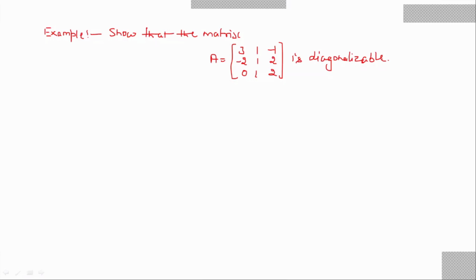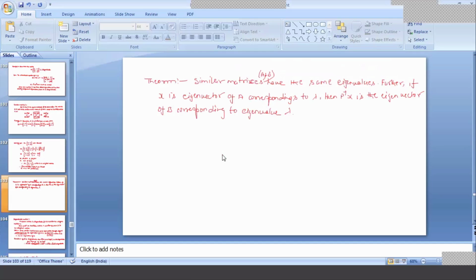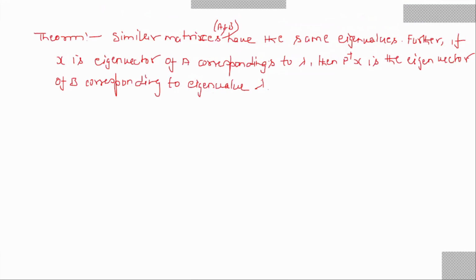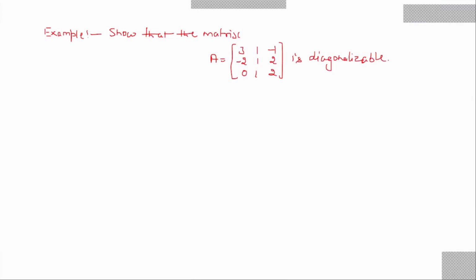Tell me, find its eigenvectors. Does it have 3 linearly independent eigenvectors? You have to prove whether it is diagonalizable or not.